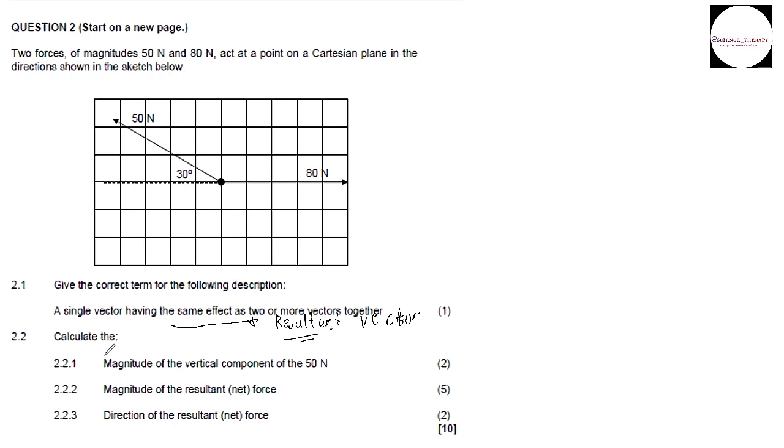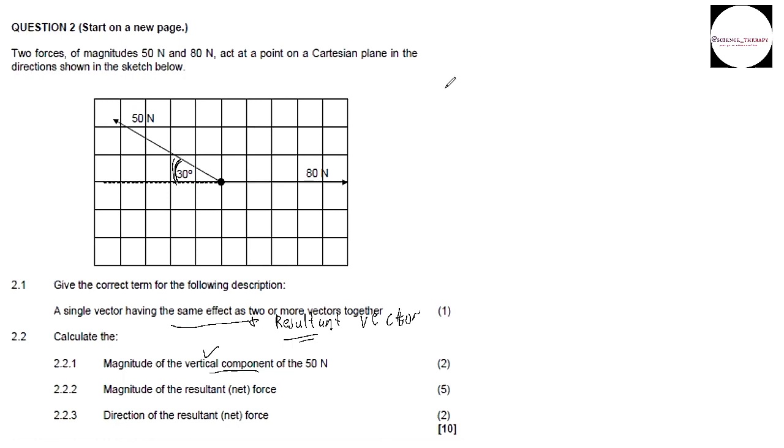Then 2.2 says calculate, in 2.2.1, the magnitude of the vertical component of the 50 Newton force. We can see that the 50 Newton force is acting at an angle, so we need to find its component, but here we are just asked for the vertical component.